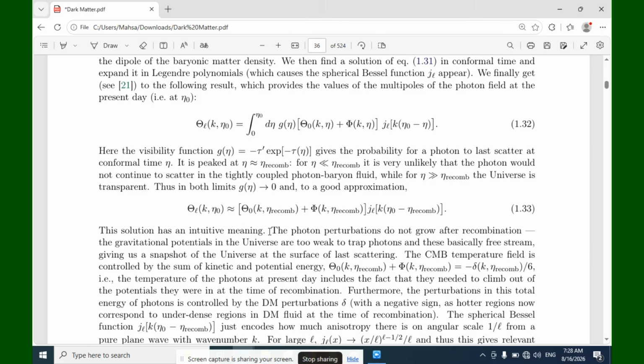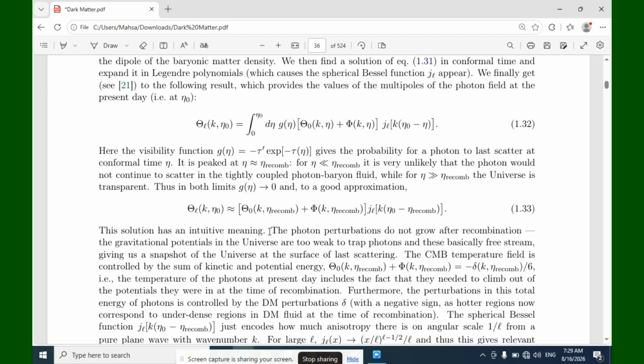This solution has an intuitive meaning. The photon perturbations don't grow after recombination. The gravitational potentials in the universe are too weak to trap photons, and these basically free stream, giving us a snapshot of the universe at the surface of last scattering. The cosmic microwave background temperature field is controlled by the sum of the kinetic and potential energy, theta_0 of k and eta recombination plus phi of k and eta recombination, which is equal to minus delta of k and eta recombination divided by 6.